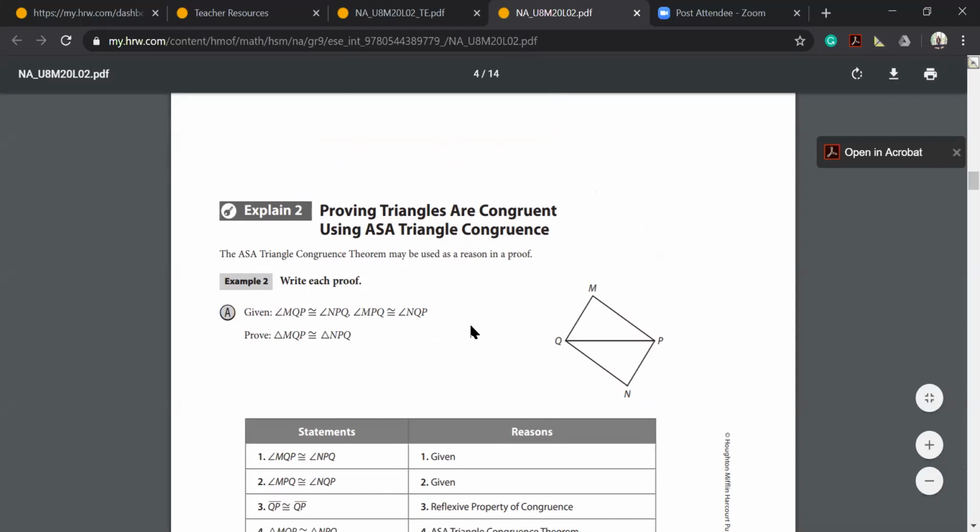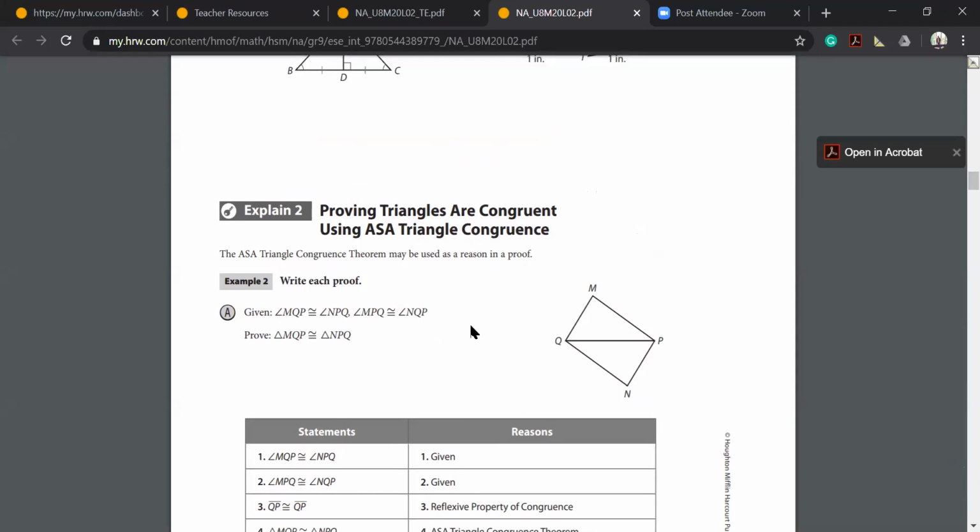You remember when we used to write, for example, using the alternate interior angles, using the same side postulate, using the substitution property of equality, using the definition of supplementary. You can use the ASA theorem as a reason when you are trying to prove.